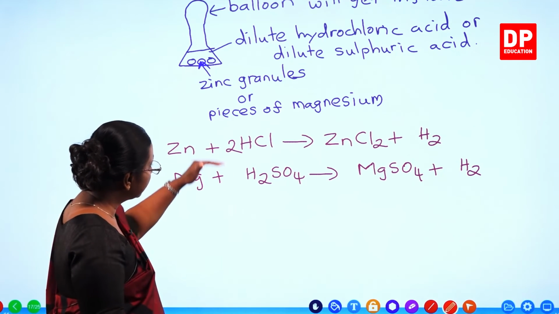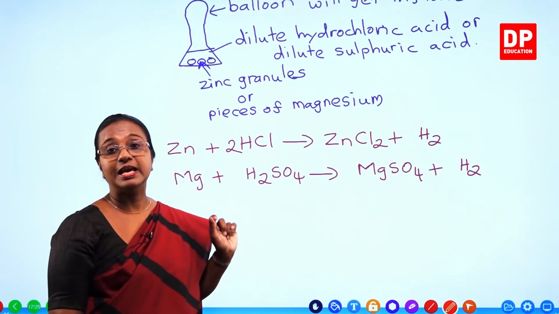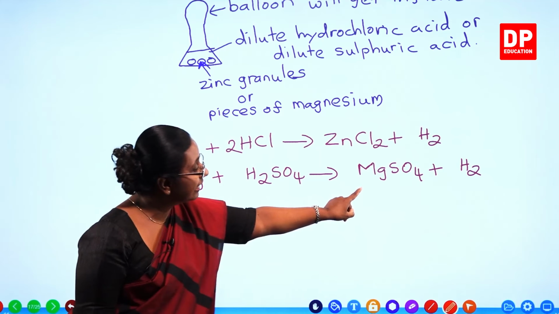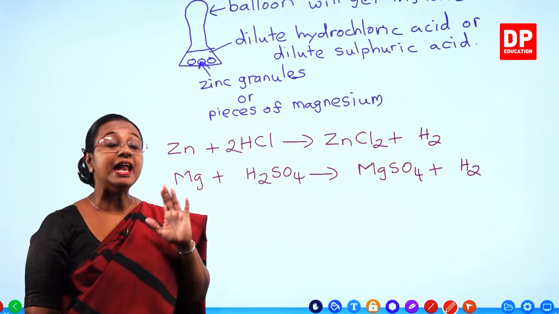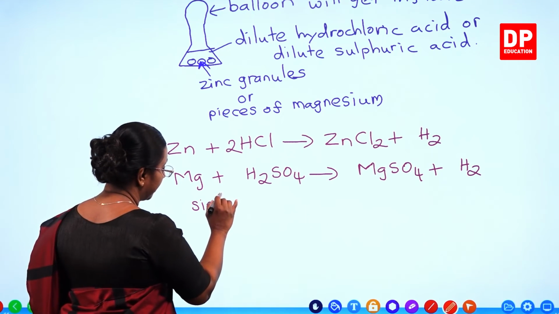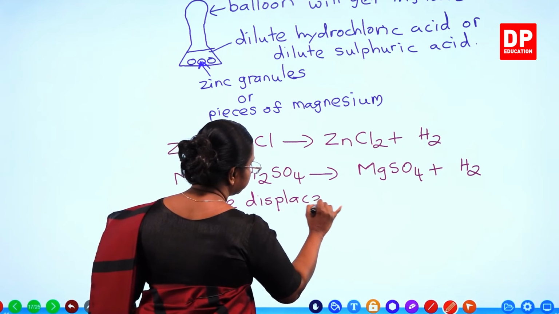So I have written one equation for each. You can use magnesium here, so you will get magnesium chloride there. If you use zinc here, you will get zinc sulfate there. So both reactions are possible, and you know these are single displacement reactions.